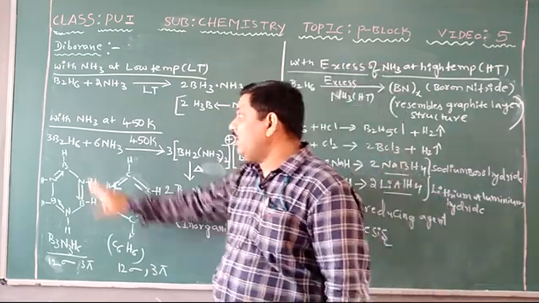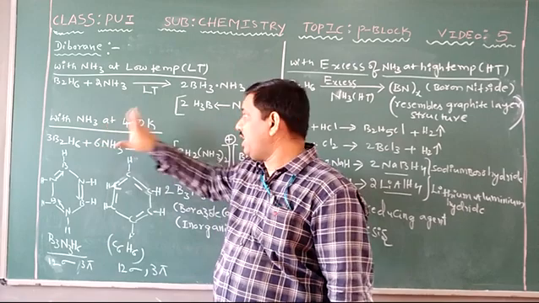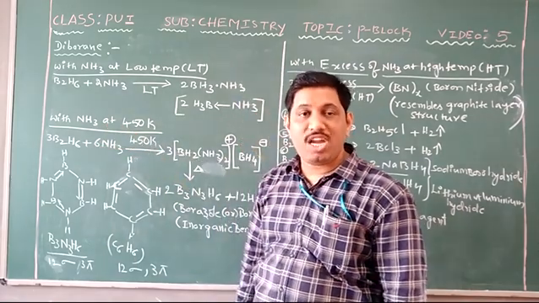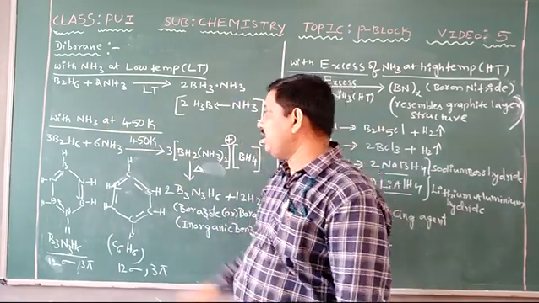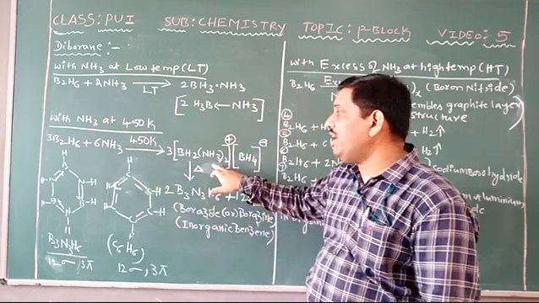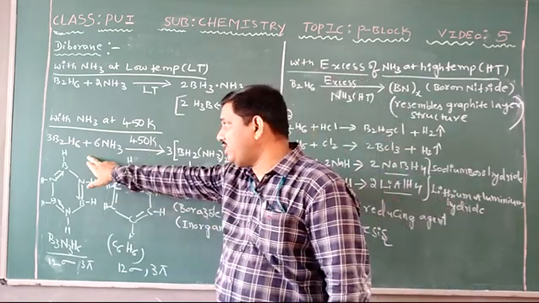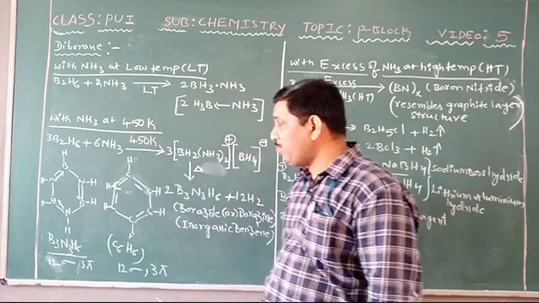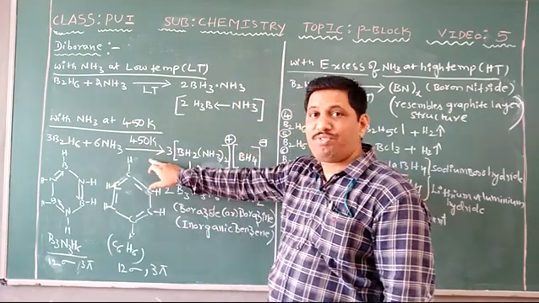Next one. Diborane reacts with ammonia at 450 Kelvin temperature. It can form diammoniate of diborane, that is 3 moles of B2H6 plus 6 moles of ammonia at 450 Kelvin temperature.